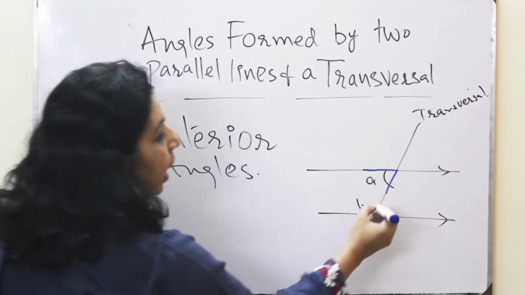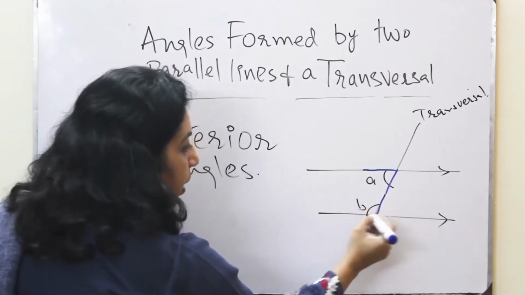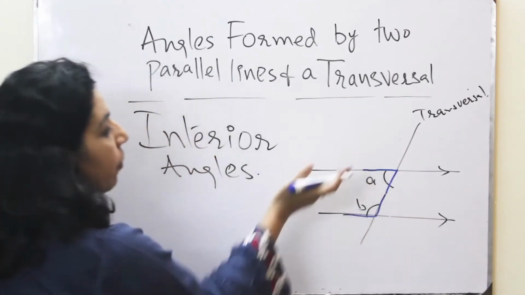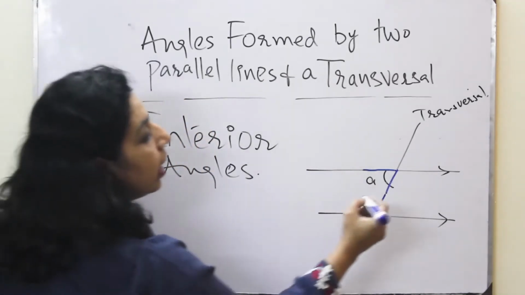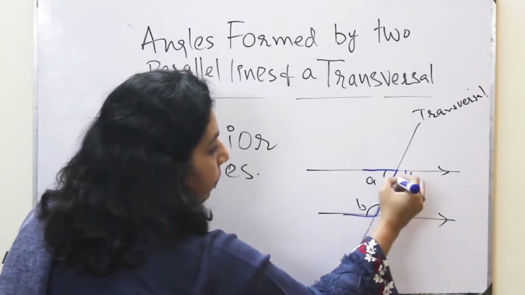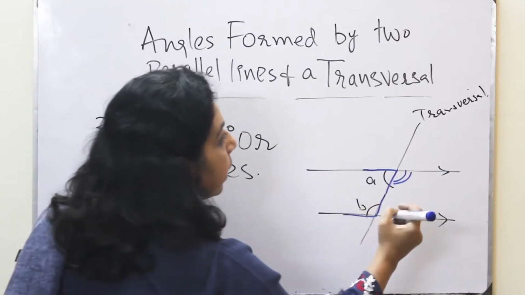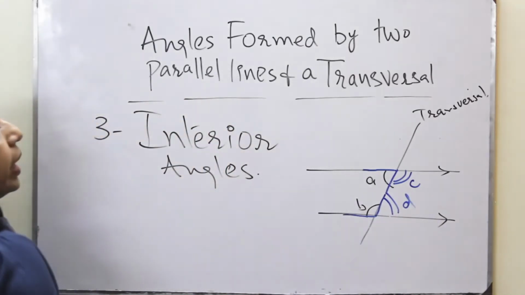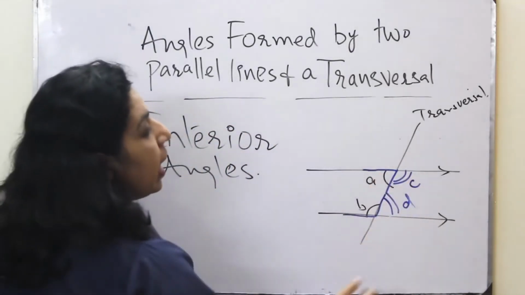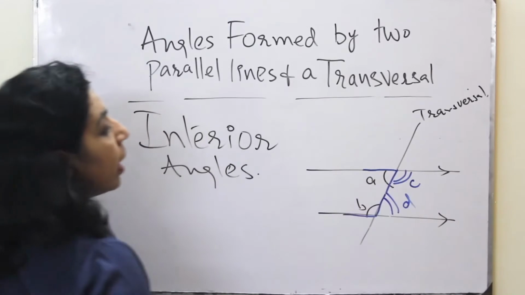Below the line, the other one will be on the same transversal definitely, but on the upper half of the second line. The other pair of interior angles is C, and you can have D. So interior angles are on the same side, and they are not equal.